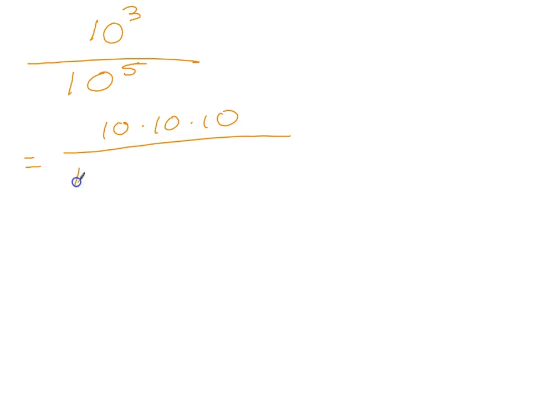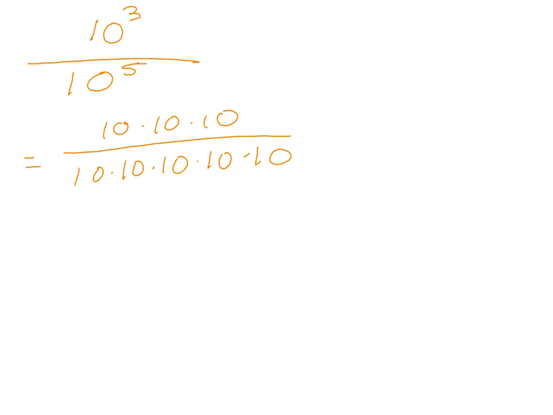Let's for a second look at something like 10 to the 3rd over 10 to the 5th. So on top, I have 3 10s. On bottom, I have 5 10s.